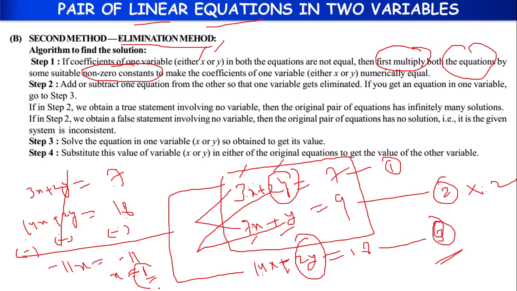After finding x, if we substitute the x value in any of the equations 1, 2 or 3, we will get the y value. So in this way, first by making one of the coefficients equal, then by eliminating it, we can find one variable value first, then with the help of that, we can find the other variable value.